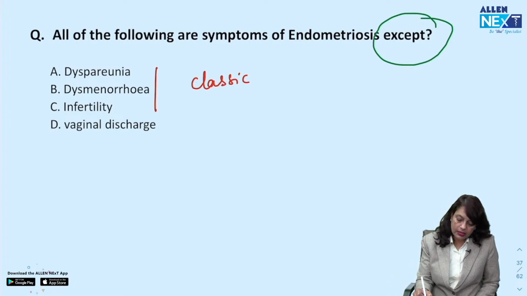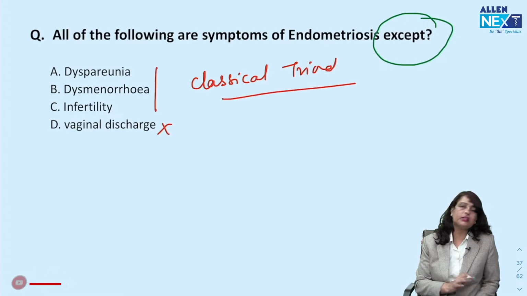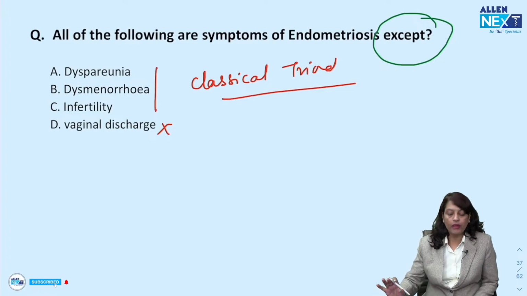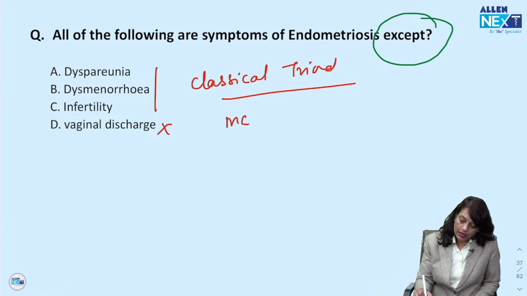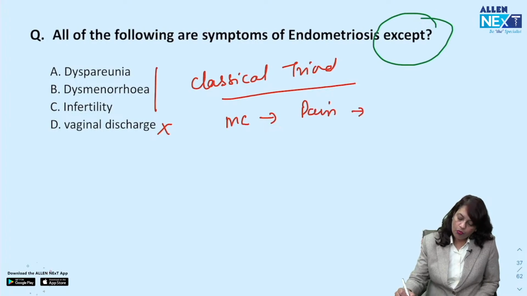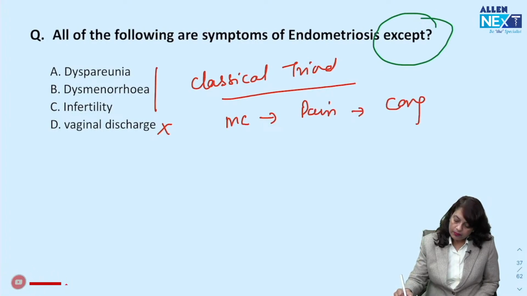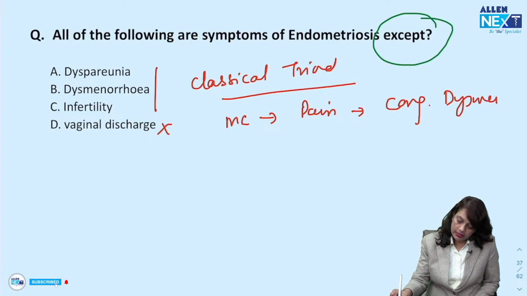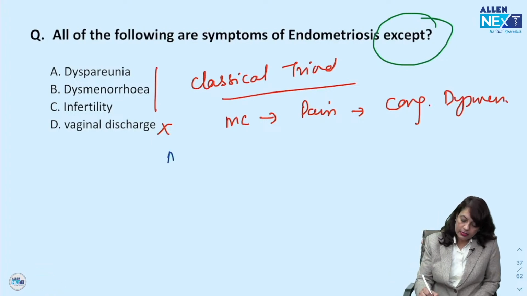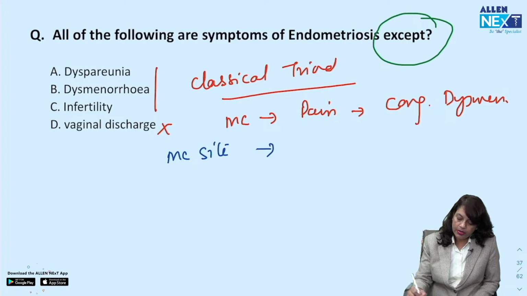Next, all of the following are symptoms of endometriosis except: dyspareunia, dysmenorrhea, infertility. This is the classical triad. Vaginal discharge is not a feature of endometriosis. What is the most common symptom? Pain. What type of pain? Congestive dysmenorrhea. What is the most common site for endometriosis?